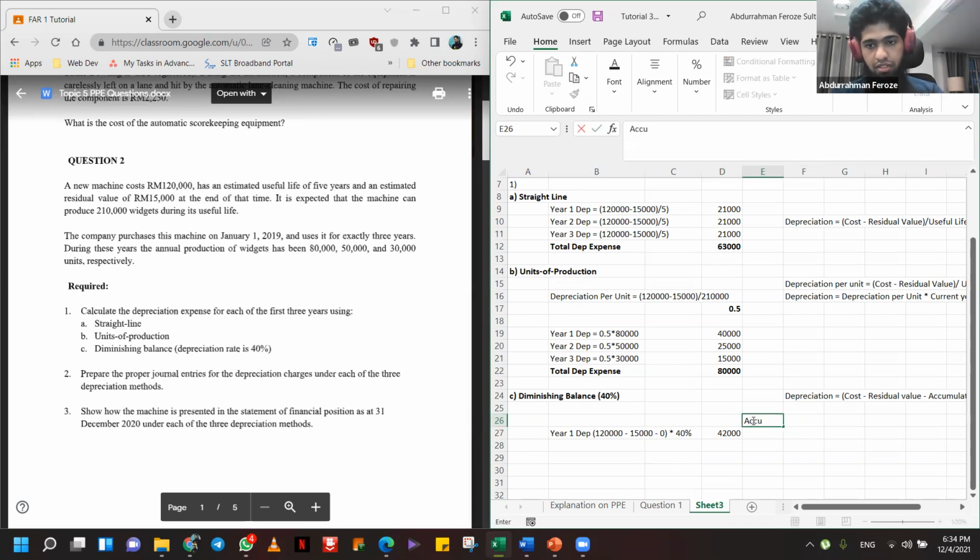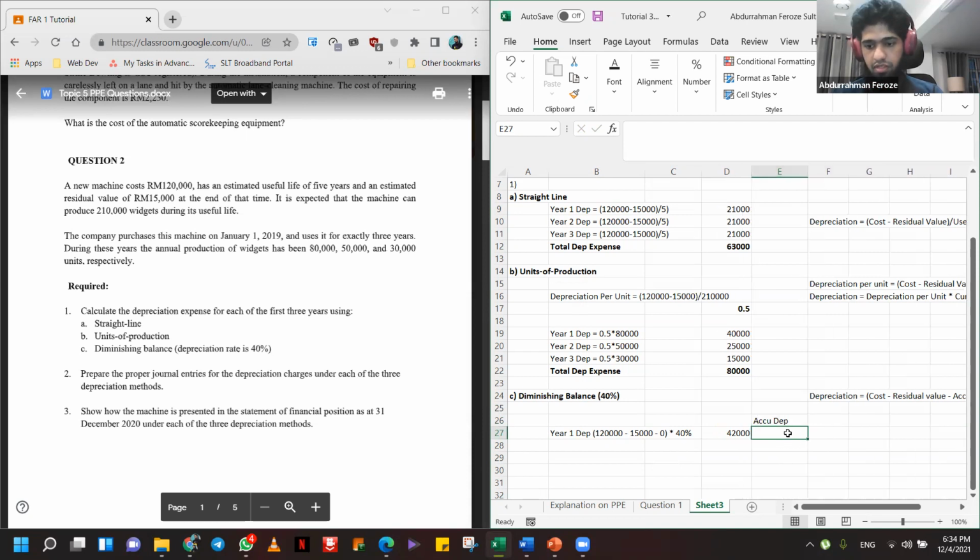So accumulated depreciation at the end of year 1 is 42,000.